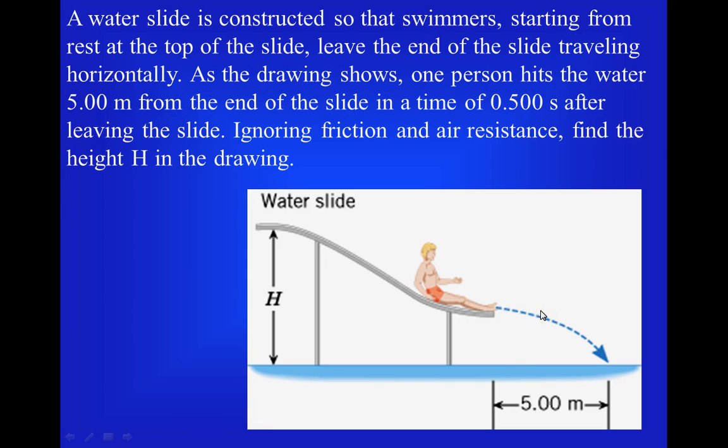They have some x-axis velocity that we figured out to be 10 meters per second, but their y-axis velocity right there is 0. So they start from rest on the y-axis. They have an acceleration of negative 9.8 meters per second squared and a time of 0.5 seconds.